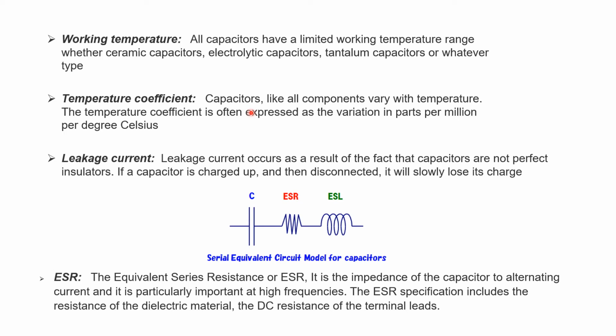Whenever you use a capacitor, from the application perspective, your working temperature should be within the range of the specification of the capacitor. This is very critical. If you miss this, or don't consider this in your design, the chances of failure are very high.